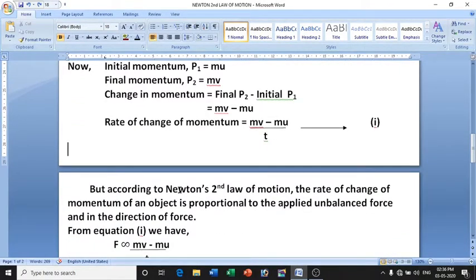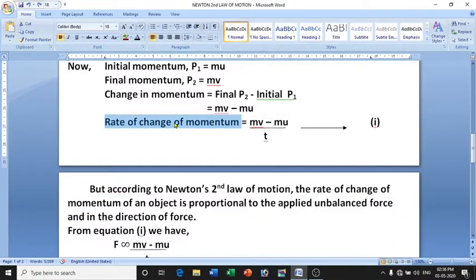According to Newton's second law of motion, the rate of change of momentum of an object is proportional to the applied unbalanced force. This is equal to F.